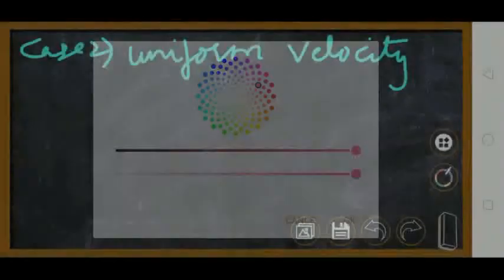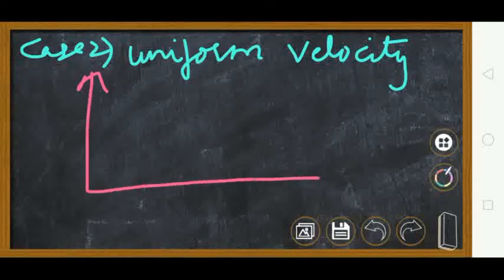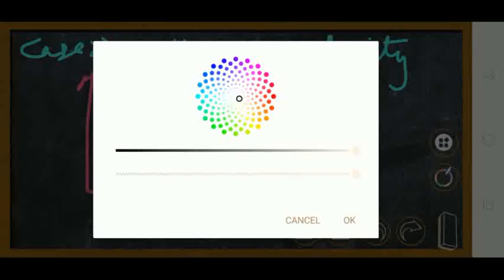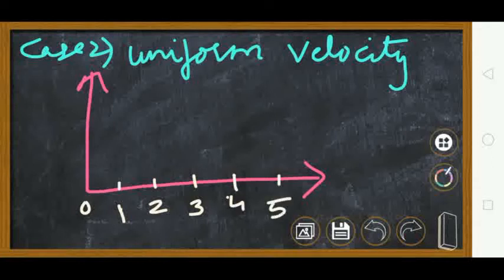Now here we will draw a graph. Again I draw the y-axis and the x-axis. Again I will plot the points: this is 0, 1, 2, 3, 4, 5.